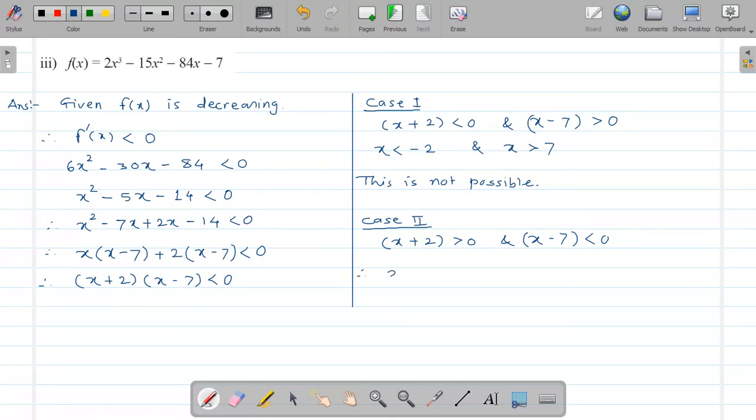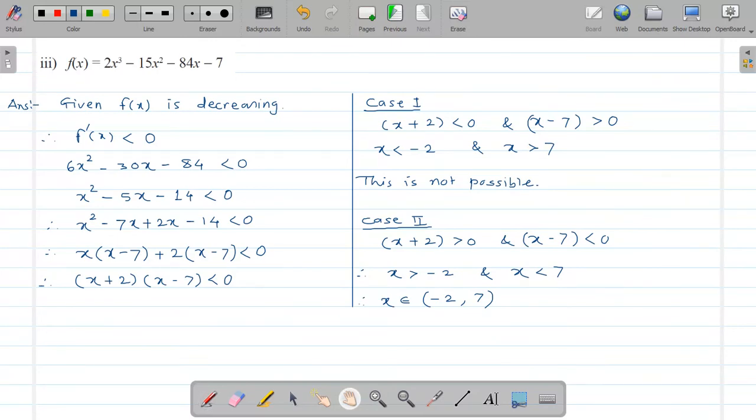So from this we get x greater than minus 2 and x less than 7. So on the real line, we require the numbers which are greater than minus 2 but less than 7. So this is possible. So how will you write it in interval form? x belongs to minus 2 to 7, like this.